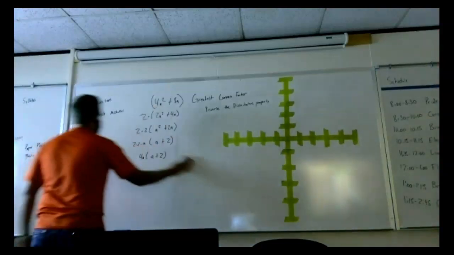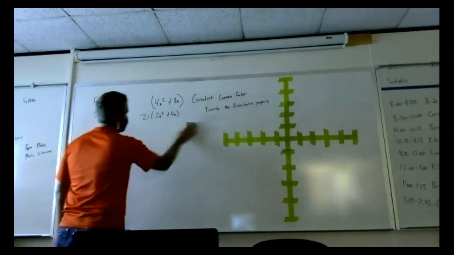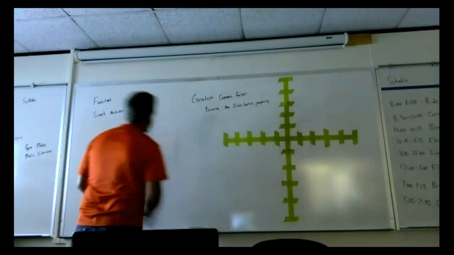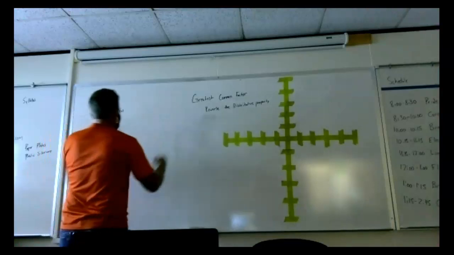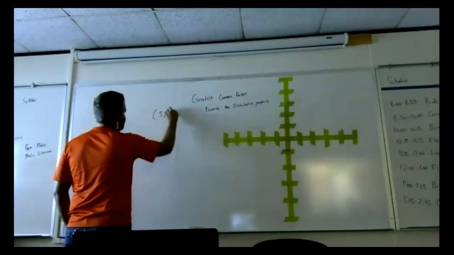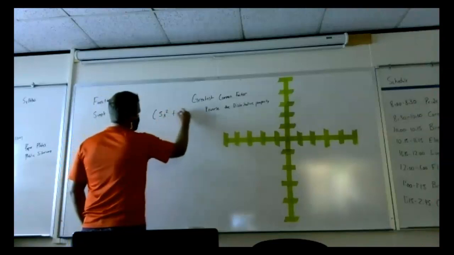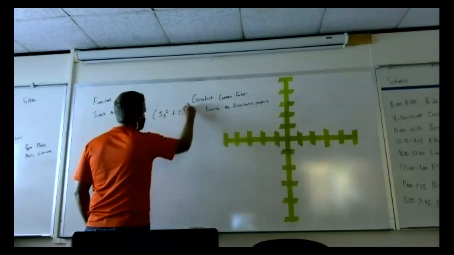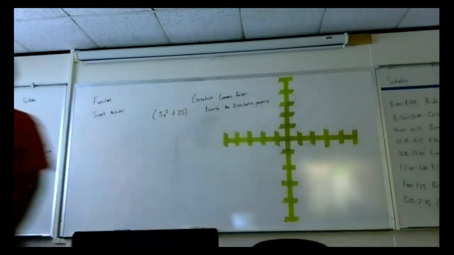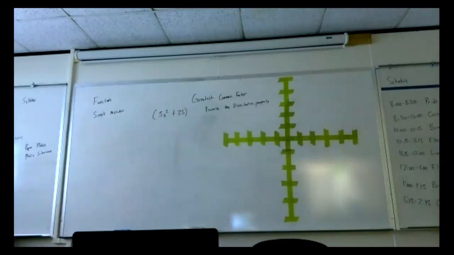So if we're going to look at another binomial term and we want to factor out the greatest common factor, we're given 5x squared plus 25. Okay, so we want to look at the coefficients first.